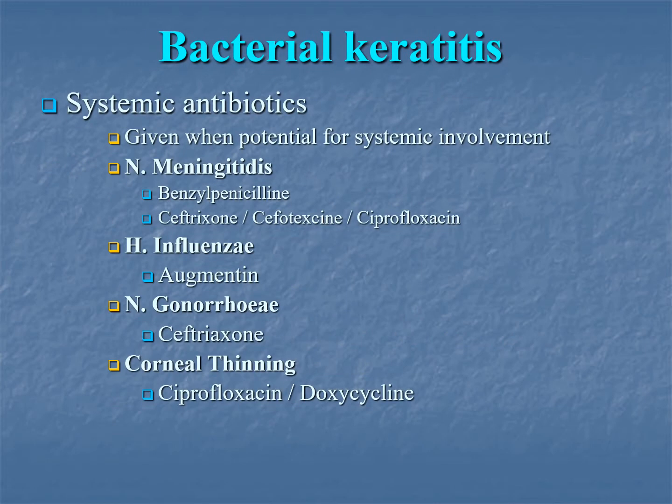We use the systemic antibiotics when there is a potential for systemic involvement, particularly in Neisseria meningitidis, Haemophilus influenzae, and Neisseria gonorrhoeae. In Neisseria meningitidis, we use benzyl penicillin, ceftriaxone, cefotaxime, or ciprofloxacin.